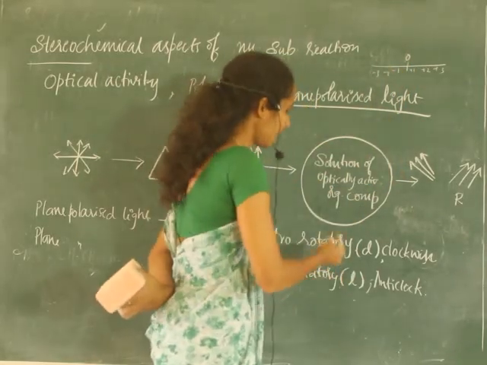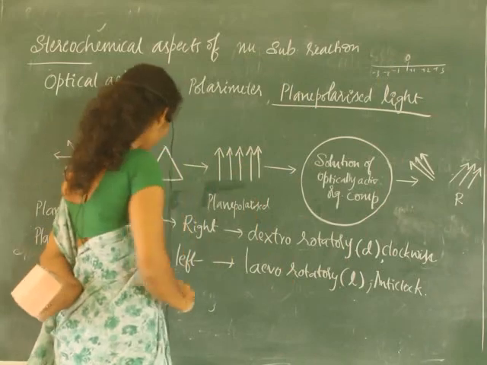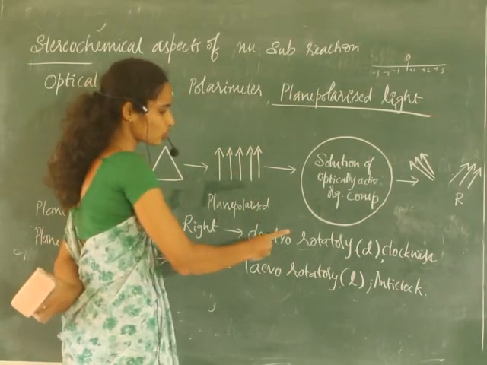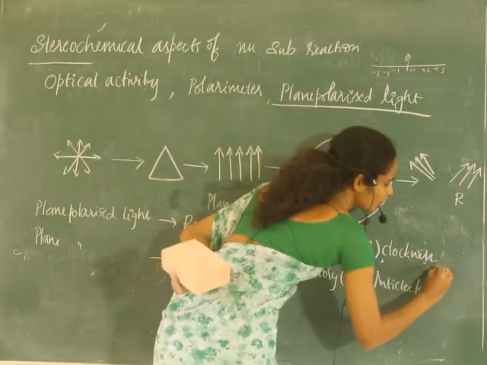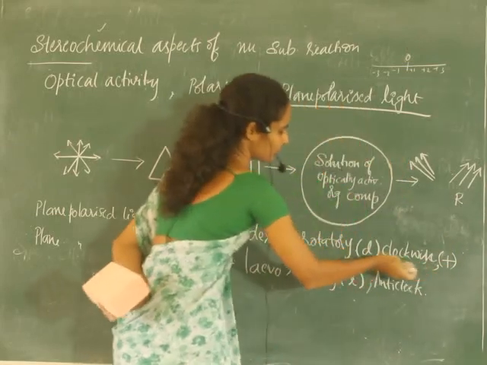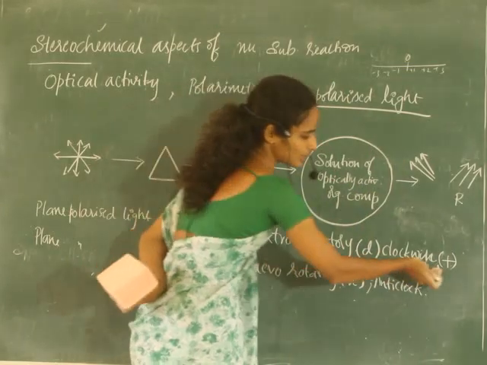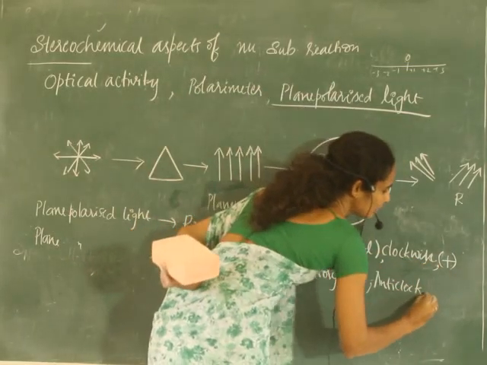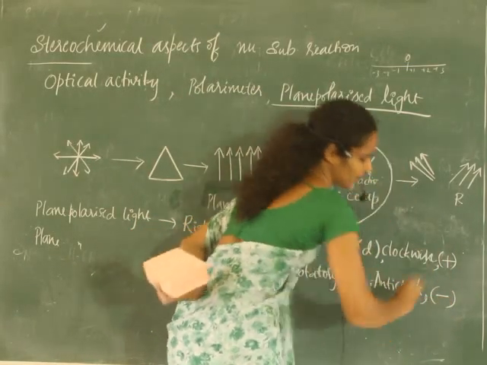Hence dextrorotatory can be represented as plus and levorotatory as minus.